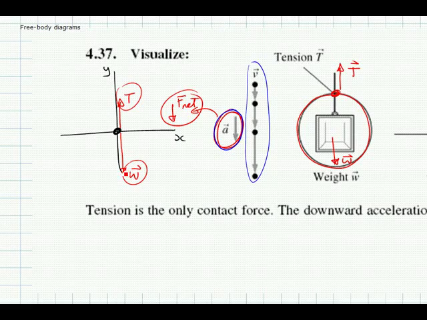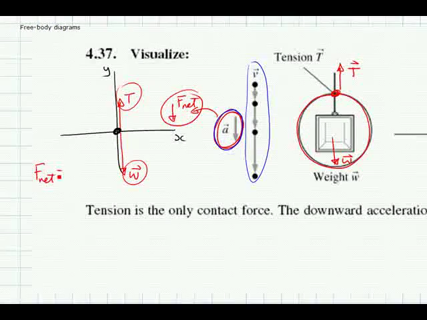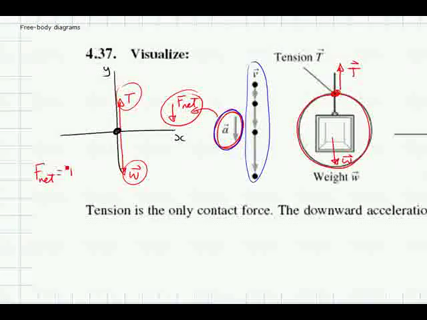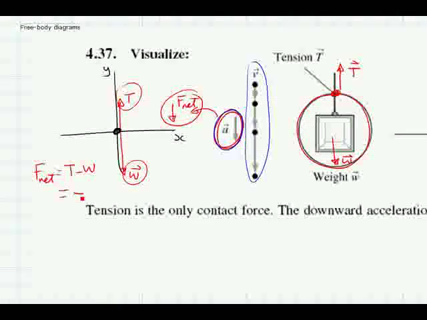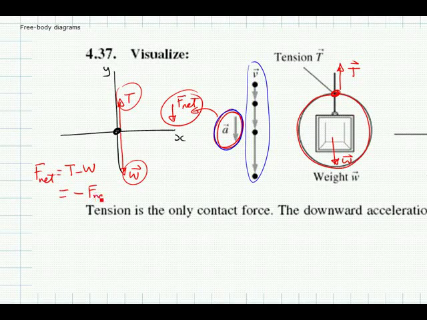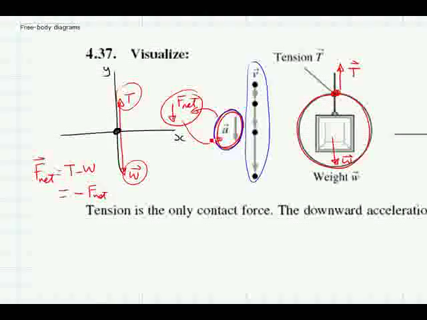That's why I go ahead and draw my weight vector W longer than T, because now when I do F net, the sum of the two forces, I have T minus W. Notice that if W is longer than T, then I'll end up with a negative F net, pointing downwards, which means that I have an acceleration downwards.